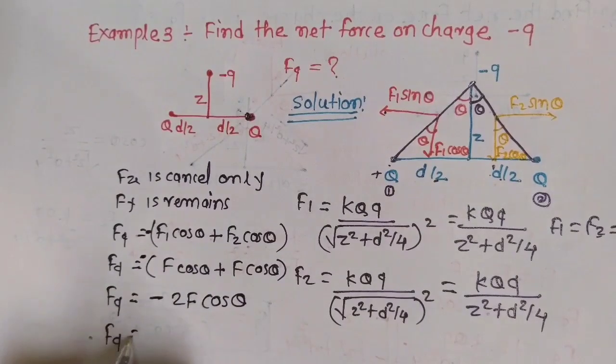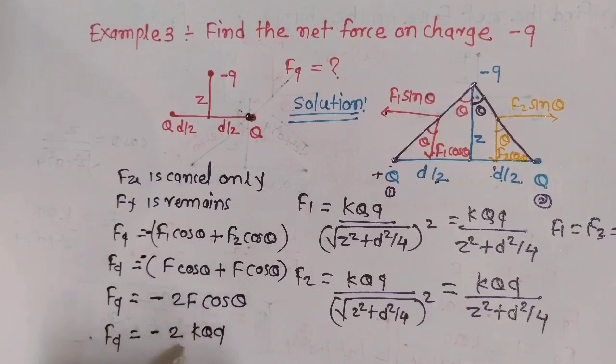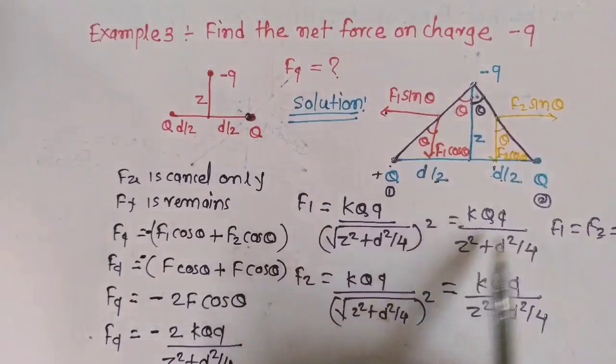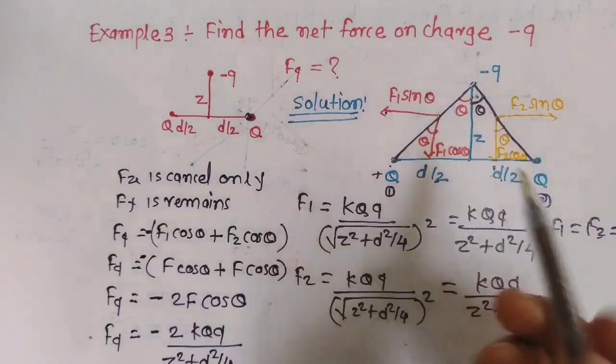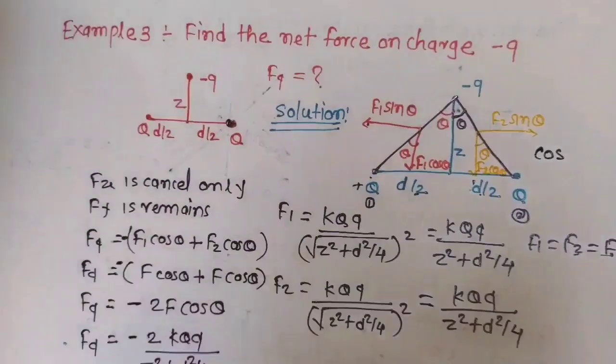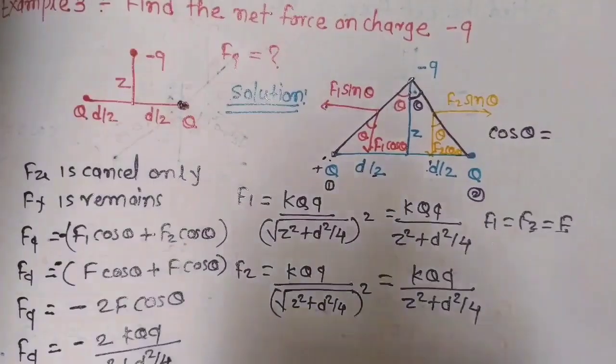Notice the value of F. Fq is equal to minus twice kQq upon z square plus d square by 4. And the value of cos theta is, cos theta equals adjacent upon hypotenuse.